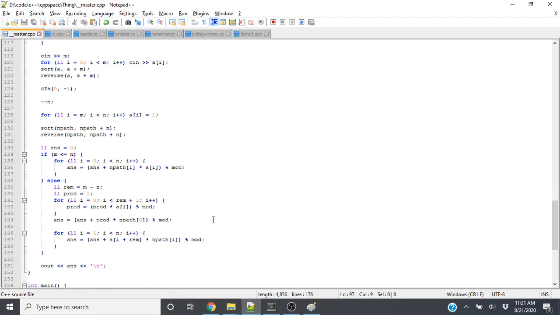What exactly have we done here? Maybe the indexing here is sketchy or something. It's like if we have one extra element, rem is how many extra elements we have. Here implicitly m is greater than n. So this will be greater than 0.